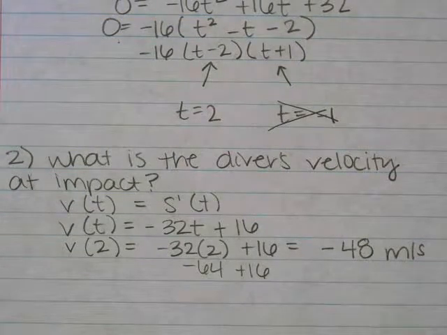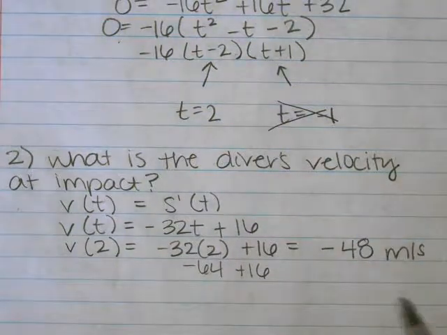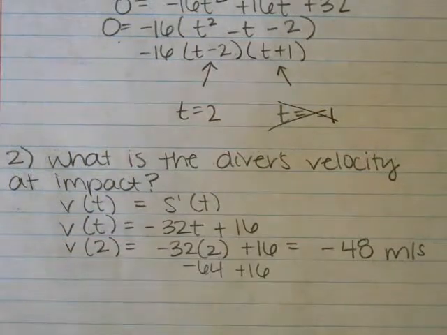He's going down. Speed is the one that's kind of like an absolute value, like you can't go negative 5 miles per hour. But velocity is talking about direction as well, and the direction is down. So a negative velocity makes sense because you're going down. Okay. So his velocity at impact is negative 48 meters per second. Whew.